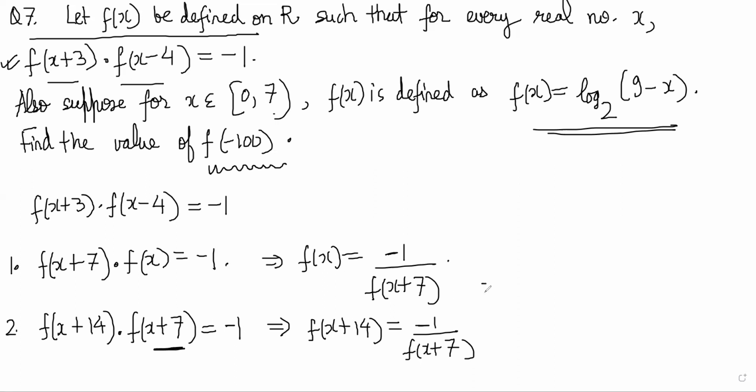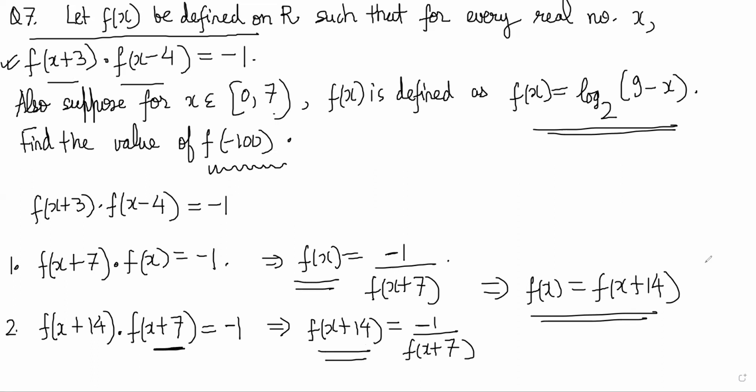So from here, we can easily see that f of x is equal to f of x plus 14, right? From these two results, we have been able to see that f of x is equal to f of x plus 14. So f of x has a periodicity of 14, right? Period of 14.